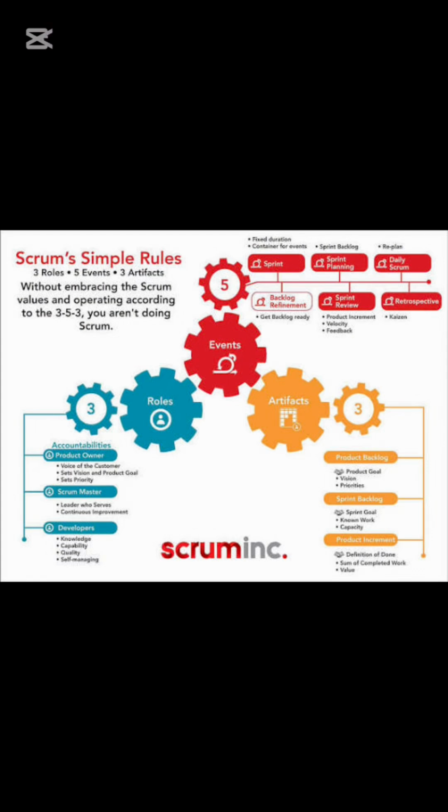First of all, the purpose of the Scrum Guide. Scrum was developed in the early 1990s, but the first Scrum Guide was written in 2010. The purpose of the Scrum Guide was to make the world understand Scrum.